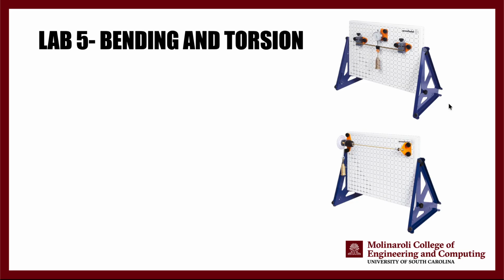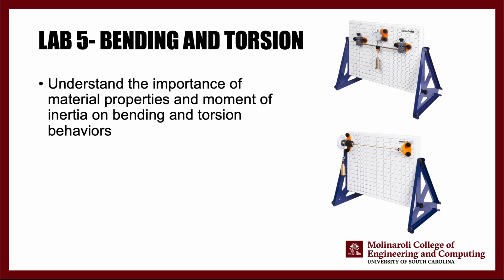Make sure all of these supports are very tight, especially for the torsion scenario and the built-in beam scenario, so there is no slippage. Again, especially in the torsion scenario, you want to avoid slippage. You're going to see more of this in the video.